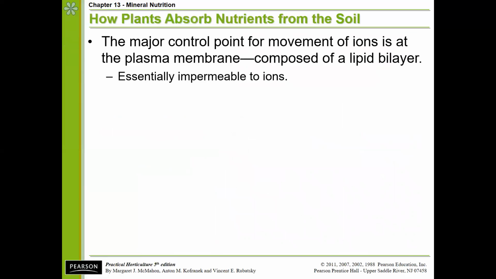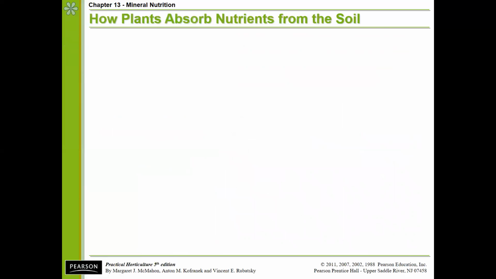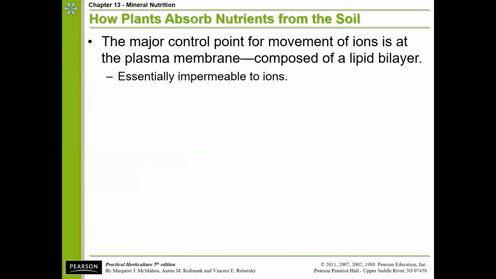Sorry, I moved a little too fast there. We have the plasma membrane, which we talked about earlier on when we were looking at photosynthesis and the movement of energy, composed of a lipid bilayer, which is impermeable to ions alone. But the ions have to get through the plasma membrane in order to be utilized in plant tissues.